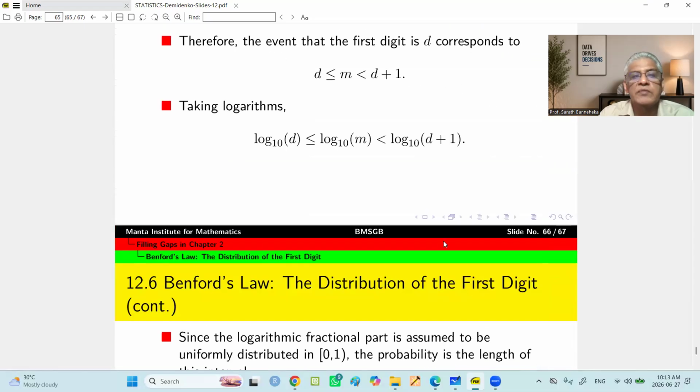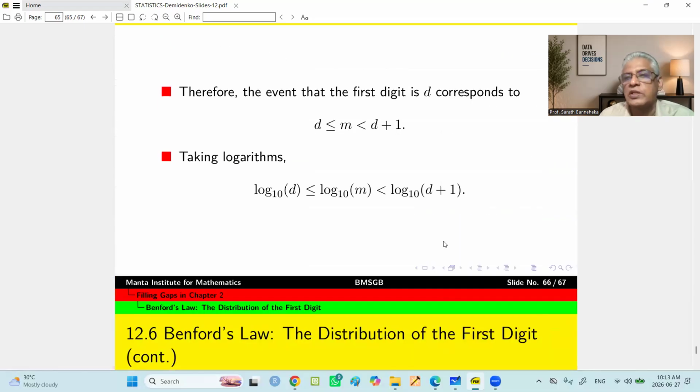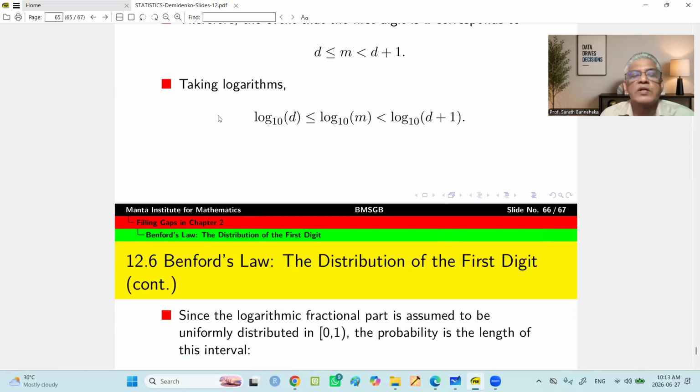Now we are assuming that the fractional part, after you take the log, has a uniform distribution. So what we want to find out is the probability that this quantity will be between these two values in a uniform distribution in the 0, 1 interval.